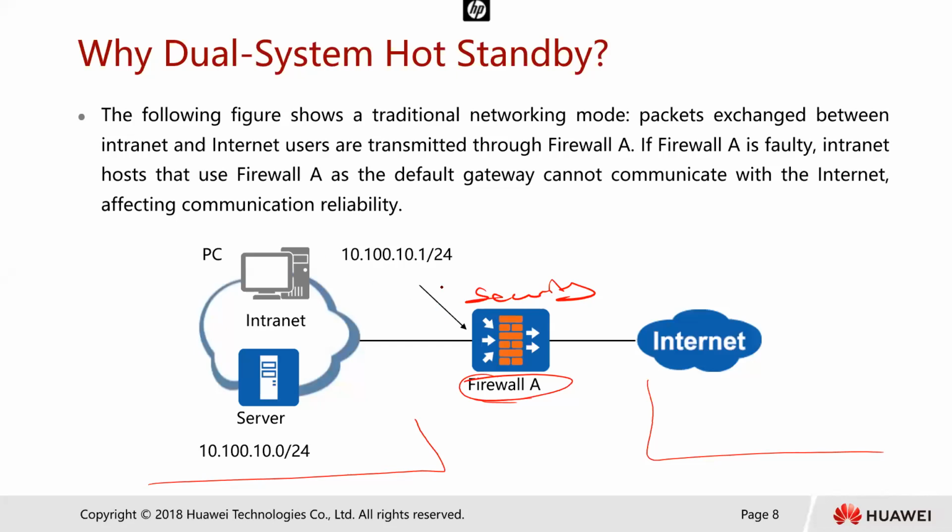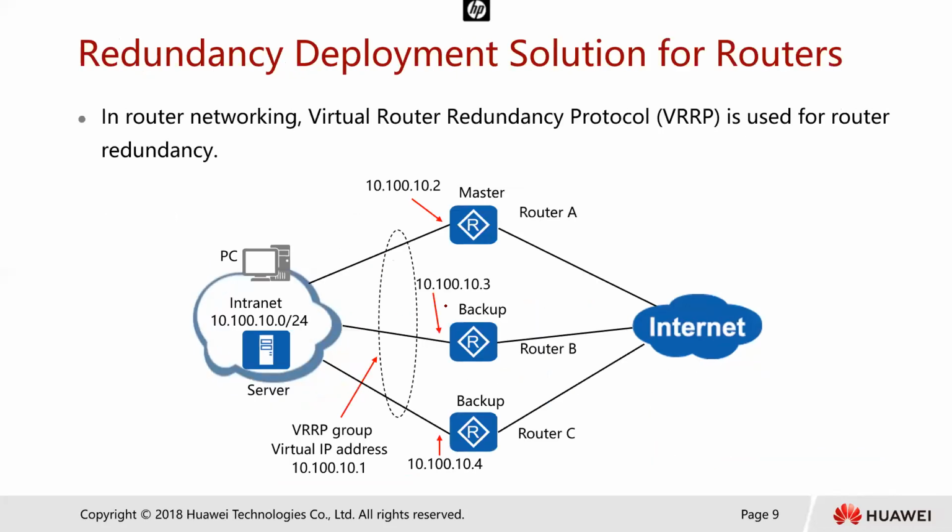These hosts use this as a default gateway to access the internet. Once they send their packets and the gateway cannot be reached, our client A will not be able to communicate due to a single point of failure. To avoid that, we can use two firewalls to form what we call a dual system hot standby.